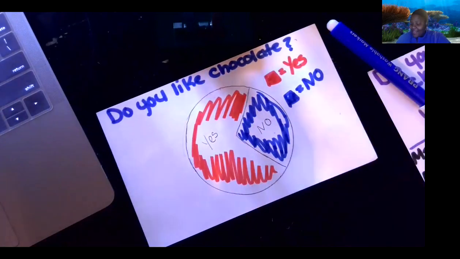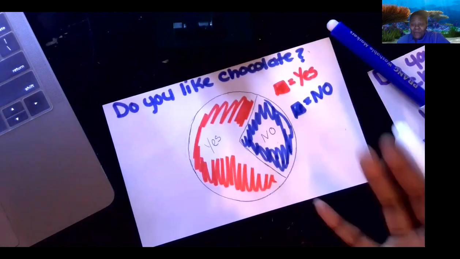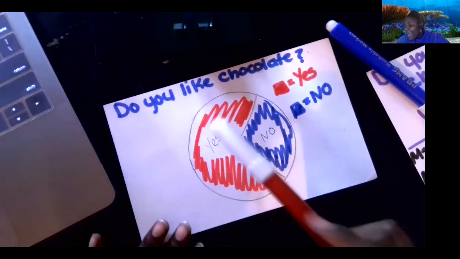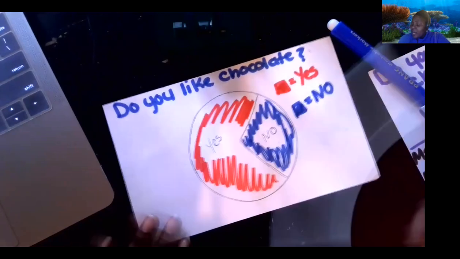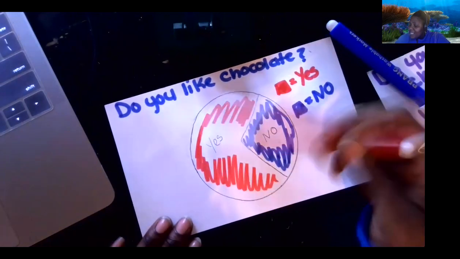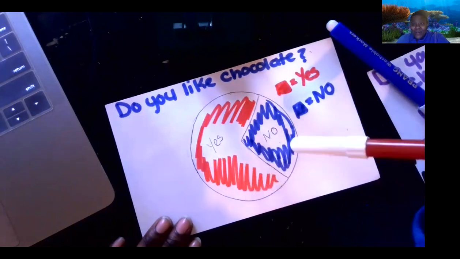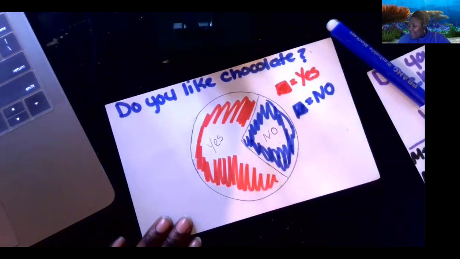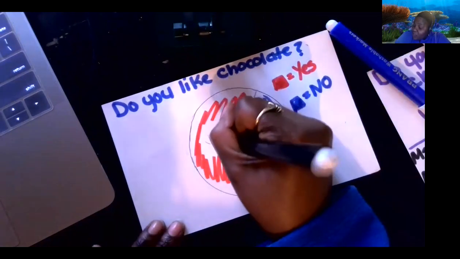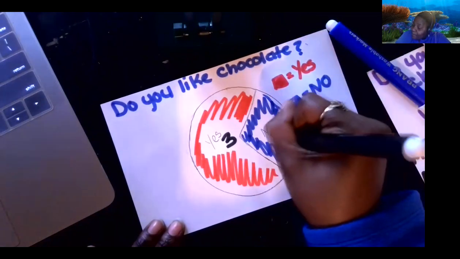There we go. And then if someone were to look at my pie chart, they'd think, huh, so this person asked people if they like chocolate. And over here, they could see that more said yes than those that said no. And you can even write the total number if you want.